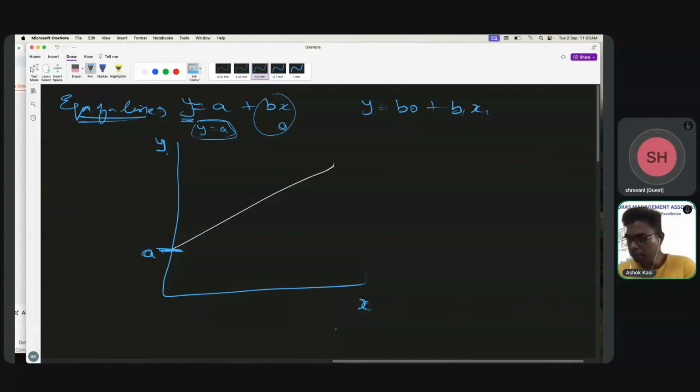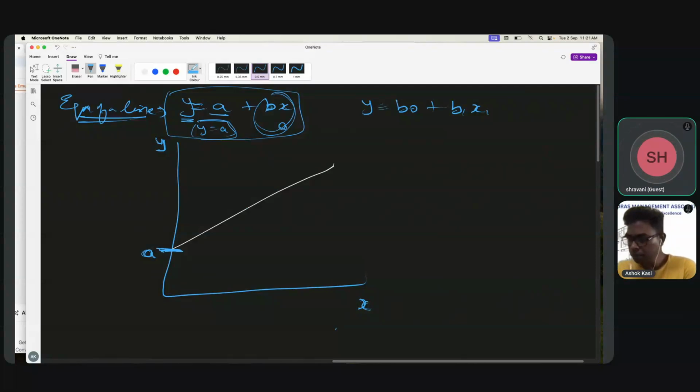Beyond that, y is changing based on the value of x and its slope. So that's why this is the equation of a line: a plus the way x is moving and its slope.